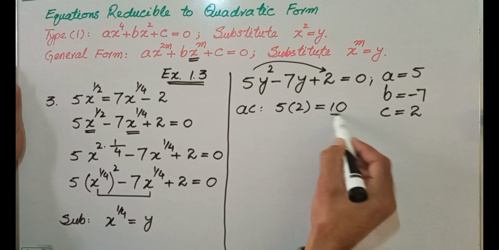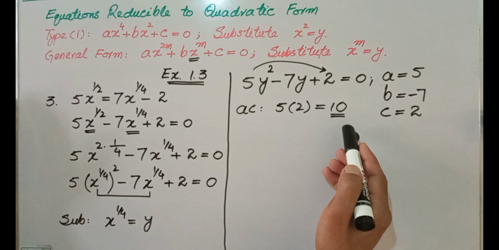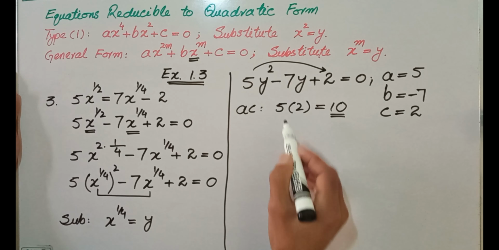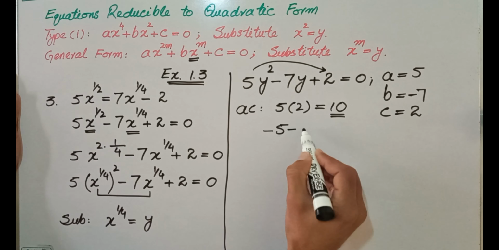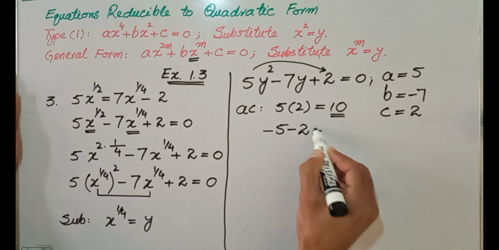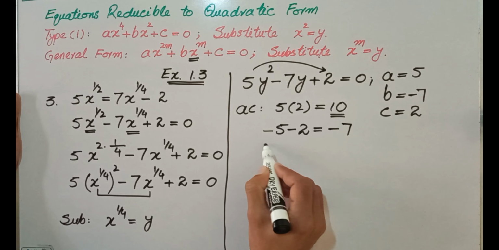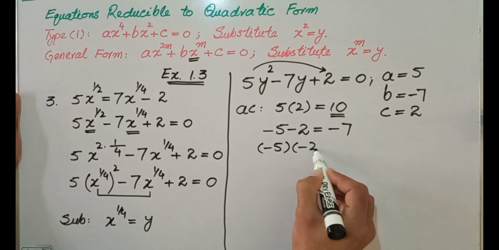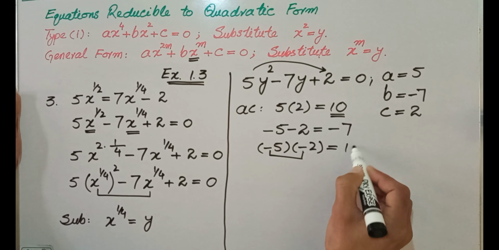We see that since the product is positive, both numbers must have the same sign. In this case we can readily see that if we take minus 5 minus 2, then it is equal to minus 7, and their product, minus 5 into minus 2, negative and negative becomes positive, and we have 10.